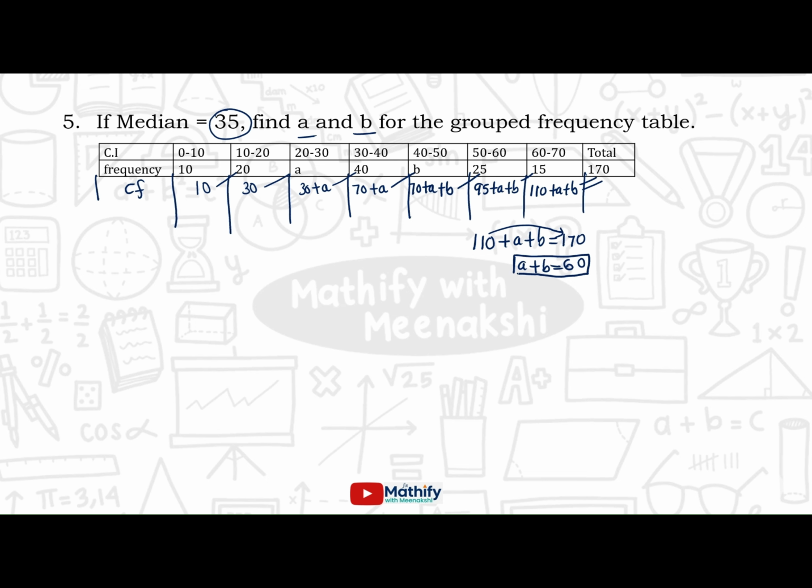Now we'll find the second equation using the formula of median. You have to see this carefully that when we have two missing frequencies, that means two things are given to you. Here total is given and median is given. So now we'll find the second equation from median. We know the formula of median, that is L plus h times (n by 2 minus CF) by f.